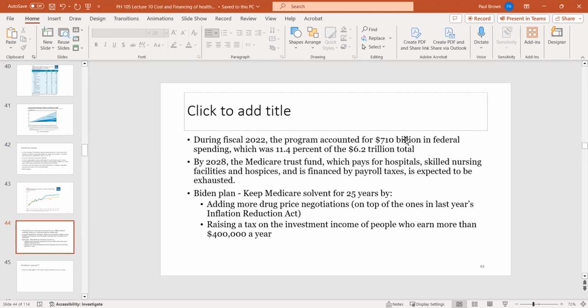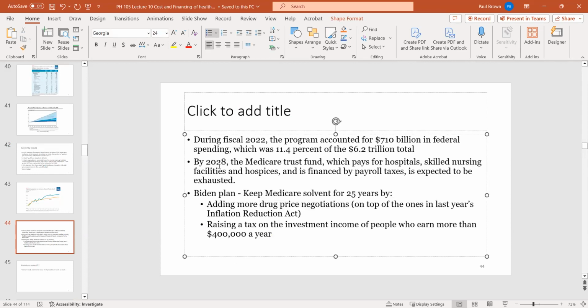Okay. So Biden came out with his budget a couple months ago. Basically what he wanted to do is to shore up the Medicare trust fund, to try and keep it solvent for 25 years.